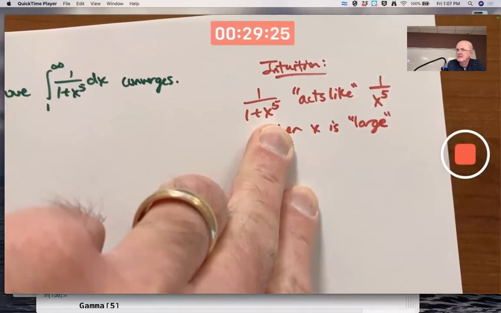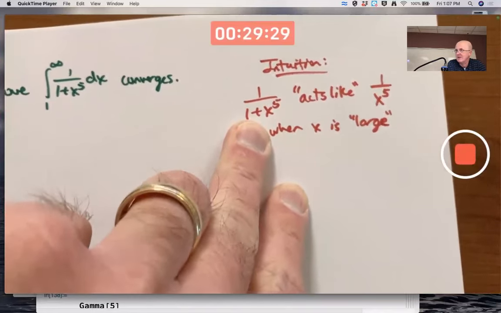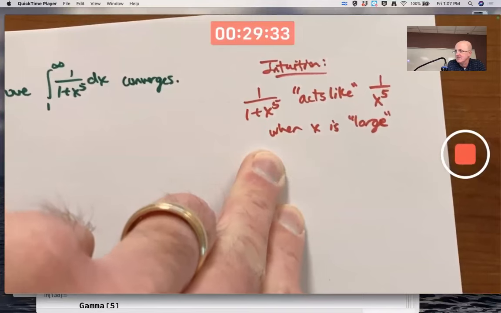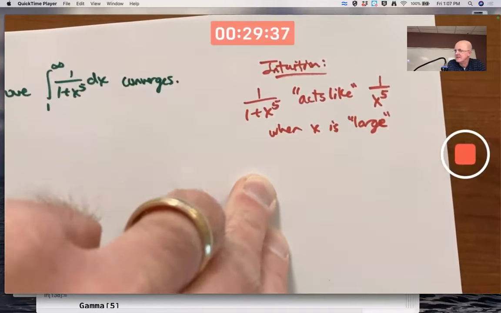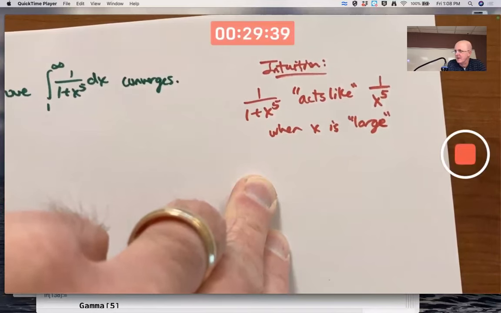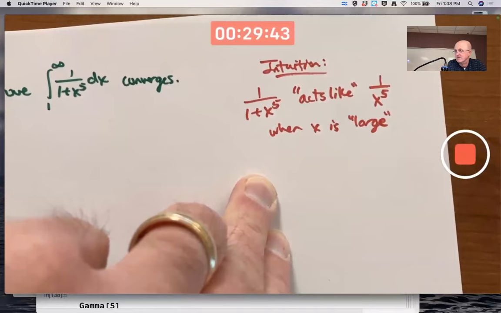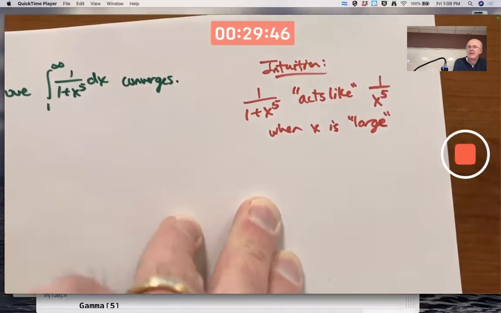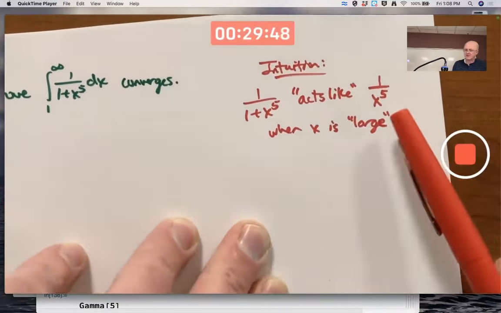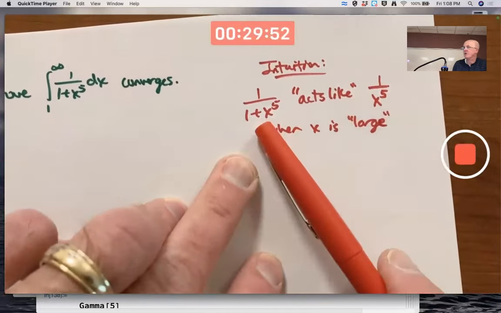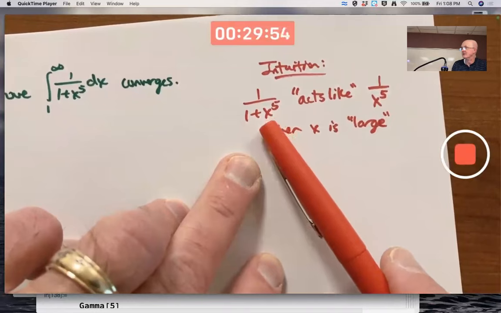That's 10 billion. Whether you would add a 1 to 10 billion or not doesn't really affect the value of this so much. The graphs of these things get really, really close together, and really rapidly, in fact, when x gets larger and larger. And so effectively, if this one goes to 0 fast enough to make its integral converge, then this one will go to 0 fast enough to make its integral converge.